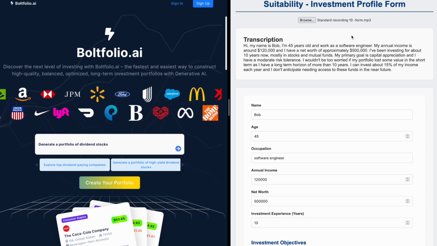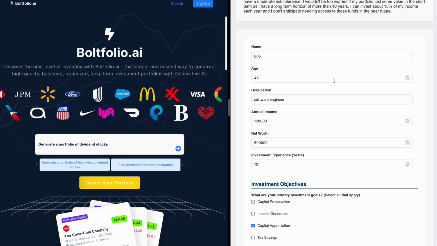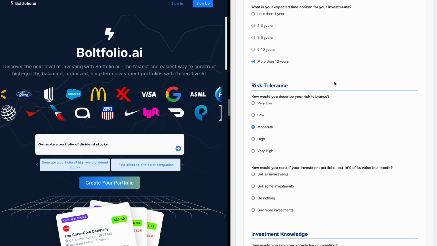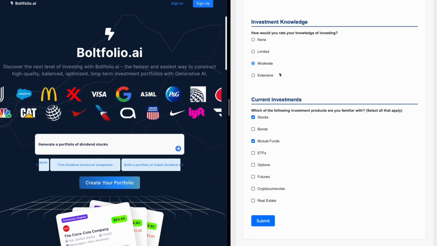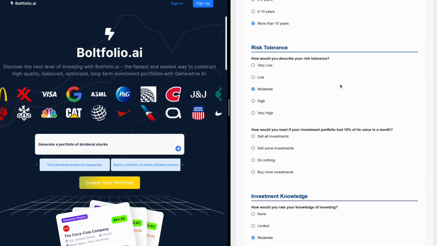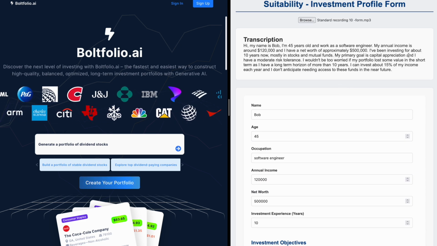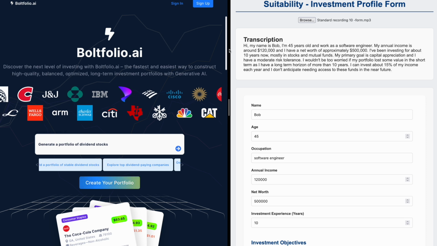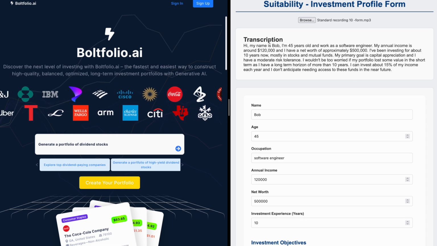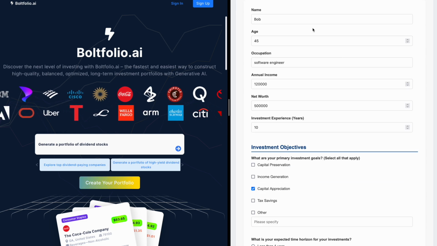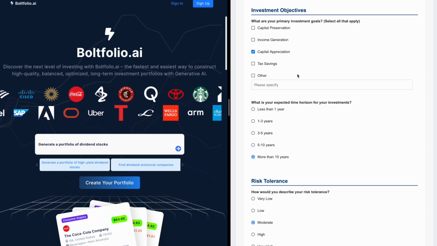And so instead of filling out a form where you'd have to fill all of this information out, you're reading a lot, you're clicking here and there, you're typing in stuff, right? You just have a conversation using natural language. And using AI, I was able to transcribe everything that I discussed and map those answers to the form elements on this page.